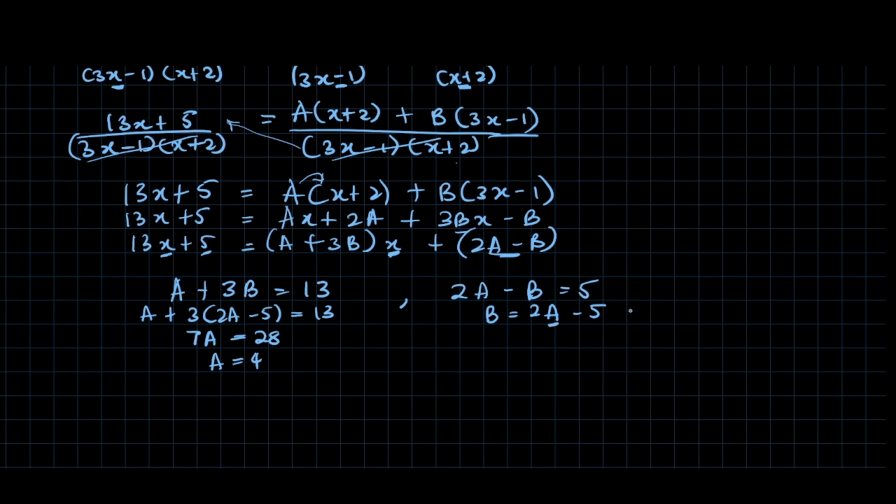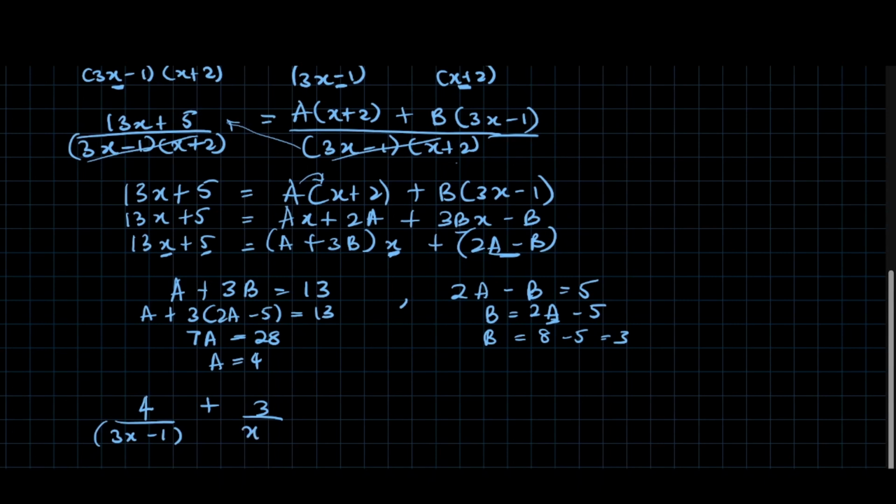You can substitute A as 4 here, so B equals 2 times 4 minus 5, which is 3, so B is 3. Now we can put it back into the equation, so it will be 4 over 3x minus 1 plus 3 over x plus 2.